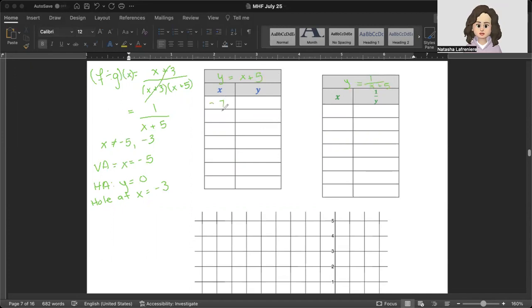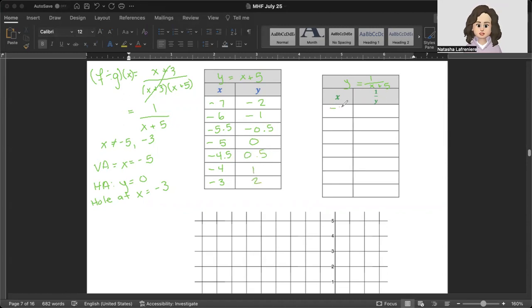So if x is -7, -6, -5.5, -4, -3, you throw that into here, and you'll have -2, -1, -0.5, 0, 0.5, 1, and 2.